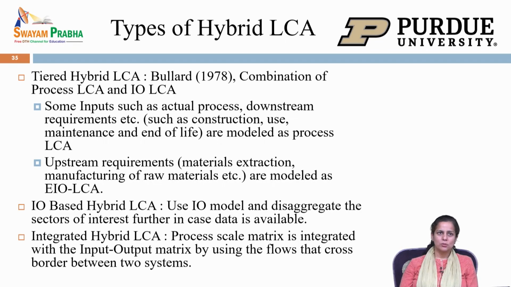So, here in this module I will only go through the tiered hybrid LCA and look at that example, because tiered hybrid LCA is much simpler. However, there is a double counting issue. So, people do want to improve by going towards the integrated hybrid LCA or IO based hybrid LCA.